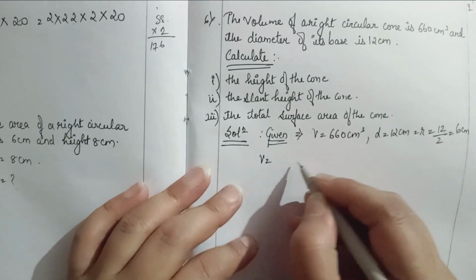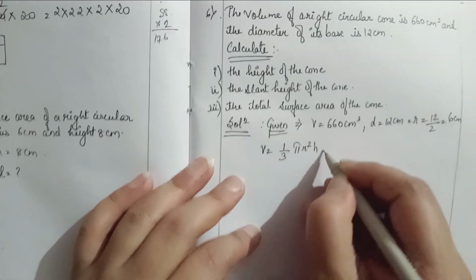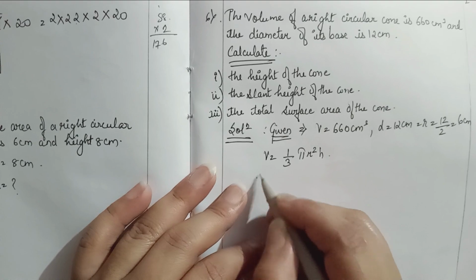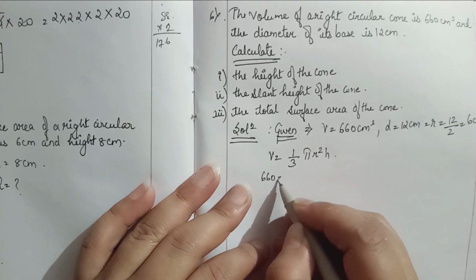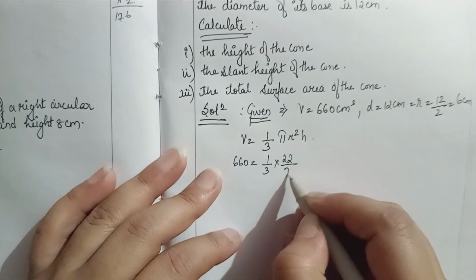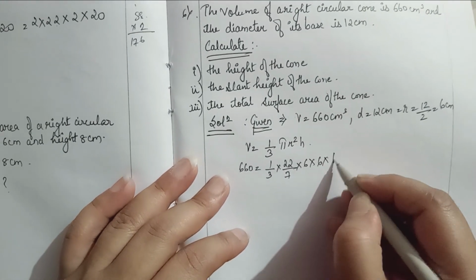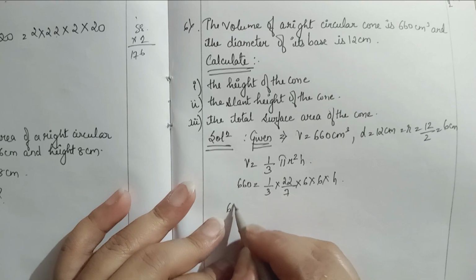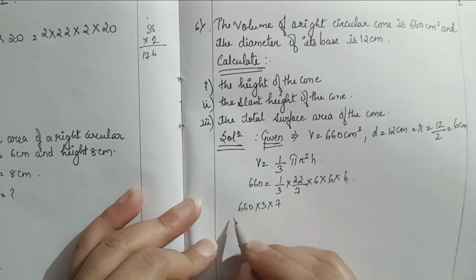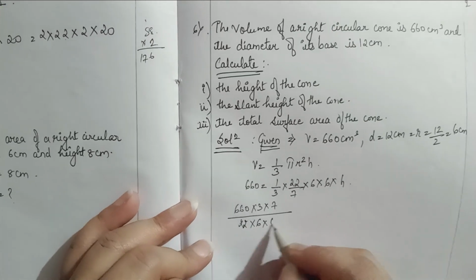Volume is equal to 1/3 pi r square h. Volume is given 660 is equal to 1/3 into 22/7 into 6 into 6 into h. So h is 660 into 3 into 7 over 22 into 6 into 6.